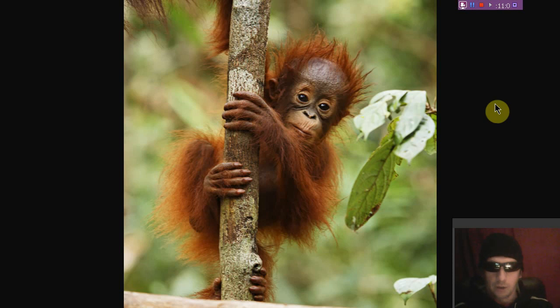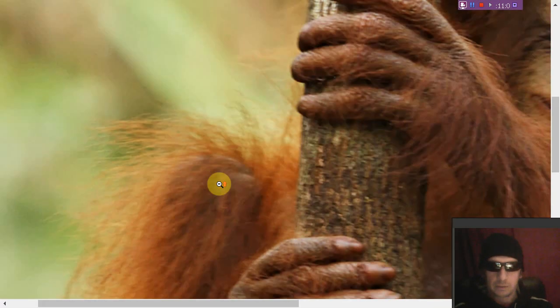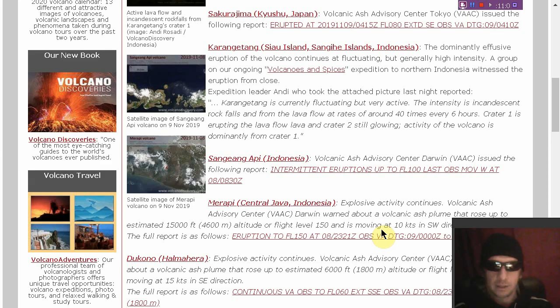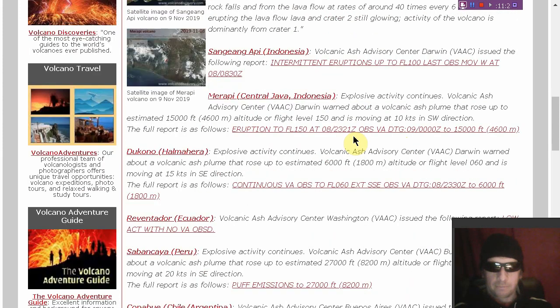Karangetang. Anyway, some effusive eruptions happening there. Incandescent rock falls and so on. So that one back on the list, having been on, I believe, 2 weeks ago or so.